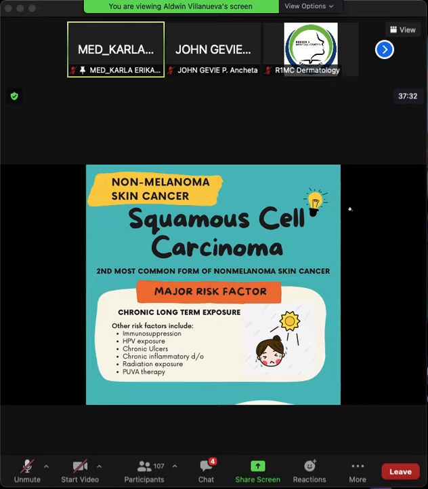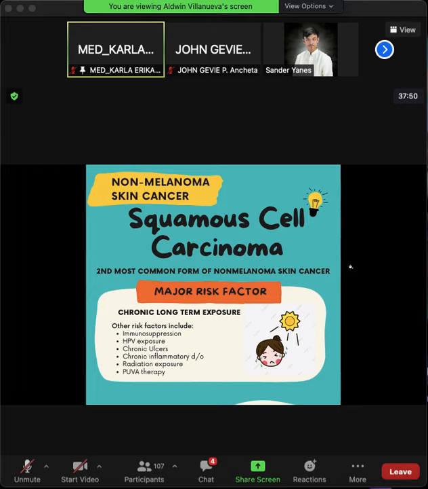So good morning everyone. This is our 3-page infographic for squamous cell carcinoma. Squamous cell carcinoma is a type of non-melanoma skin cancer, which is the second most common form behind BCC.